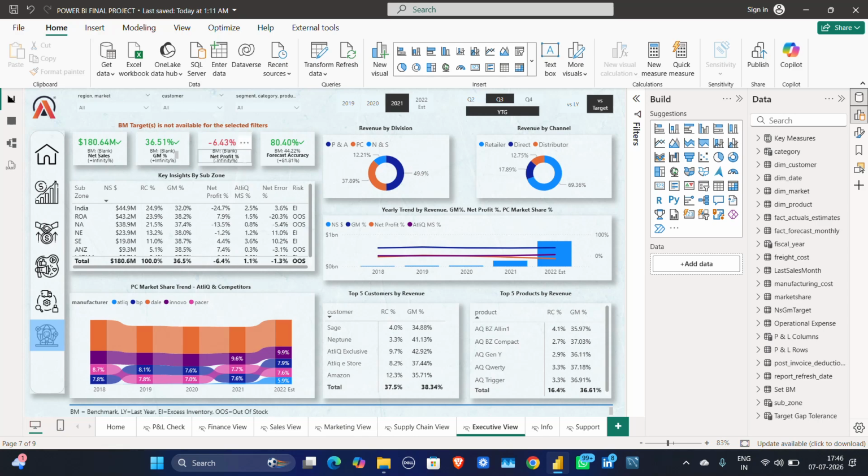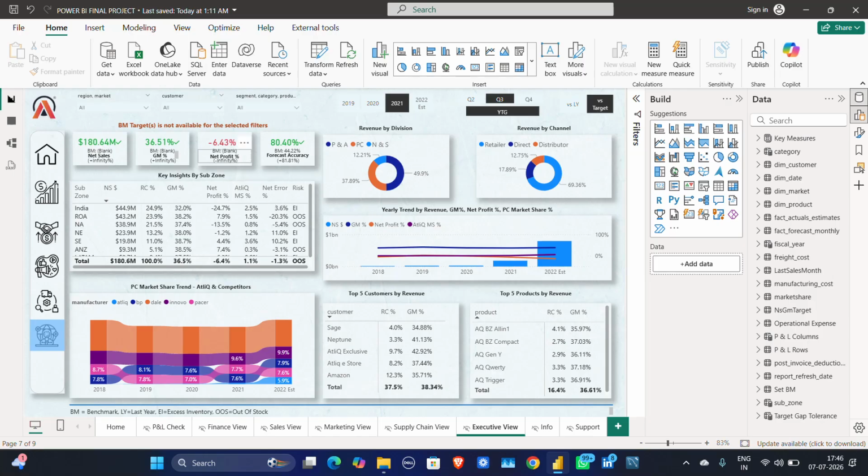The third KPI displays the net profit percentage, which reflects the company's final profitability after accounting for all operating expenses, taxes, and other costs. Finally, we have the forecast accuracy KPI. This measures how closely the company's sales forecast matched the actual business performance. Higher forecast accuracy means better planning, more reliable inventory management, and improved business decision making.